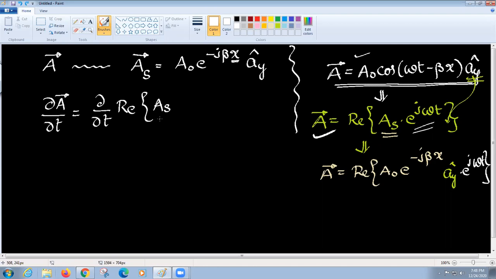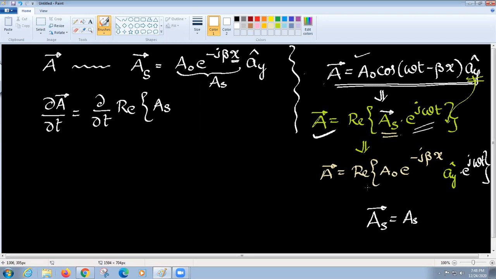A phasor form is also a vector, so there is no second thought. If I don't take this a y roof here, you have to understand that you have A_s like this. This is only A_s, that means A_s is equal to, say, A_s a y.